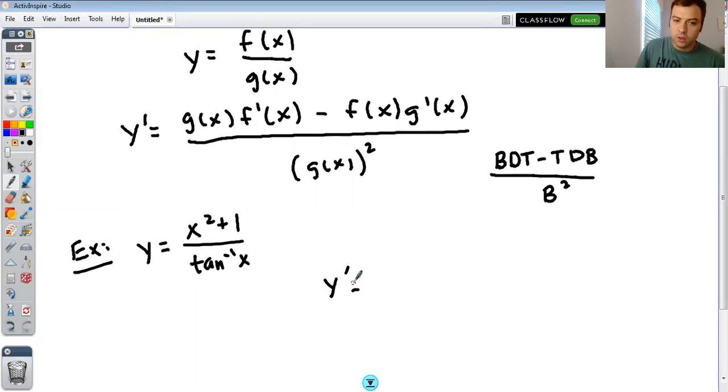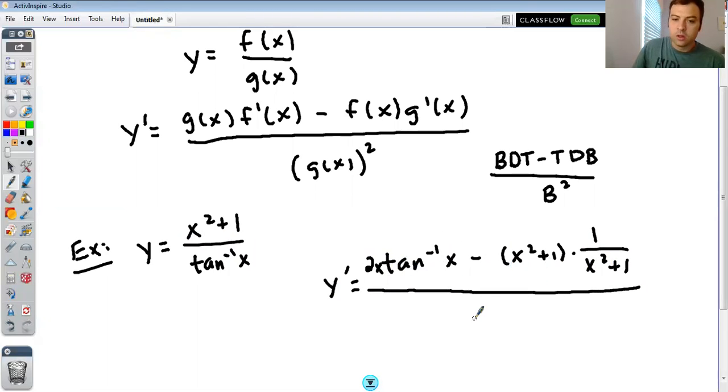So our derivative would be inverse tangent times 2x minus x squared plus 1 times 1 over x squared plus 1, and then all over the inverse tangent of x squared.